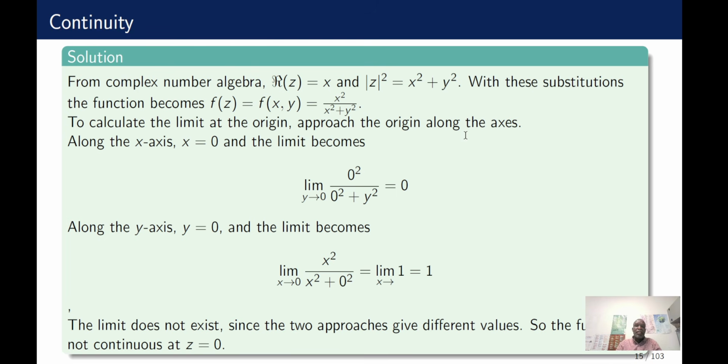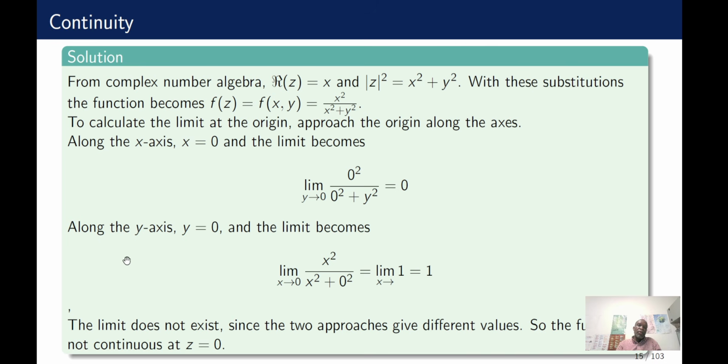let's approach the limit along the axes. So you can approach along the horizontal axis. On this axis, x is equal to 0. So you substitute x equals 0 into this function, and you have 0 over 0. Because the numerator is 0, it doesn't matter what happens in the denominator, it will still be 0.